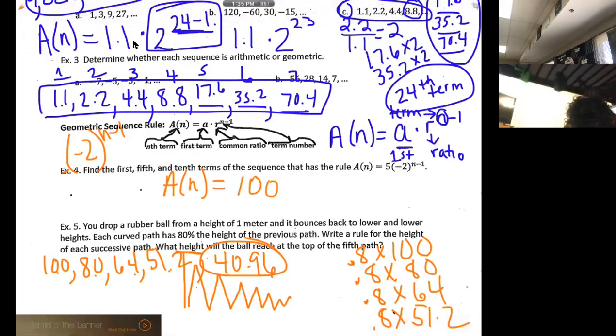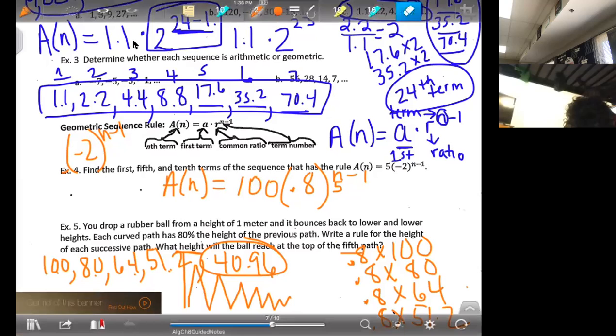What was the number we were multiplying by over and over again? 0.8 to the n minus 1. So if we wanted to use that to find the fifth path, we put 5 in here for n, and we would solve this out, right? Does this make sense? I hope so. It's a good one, you guys.